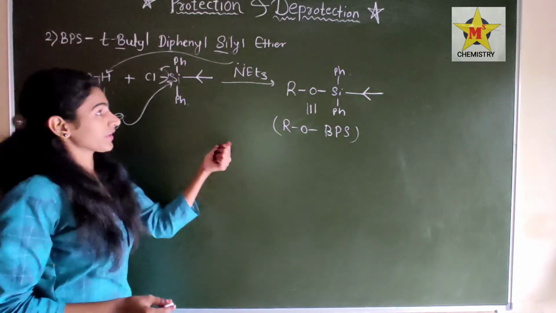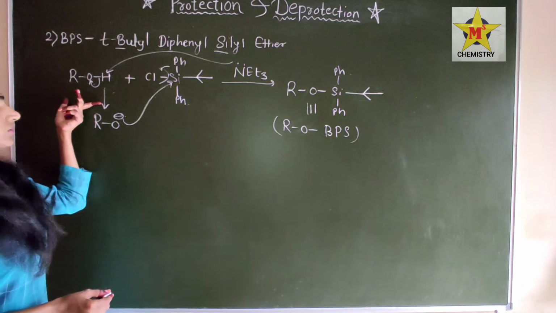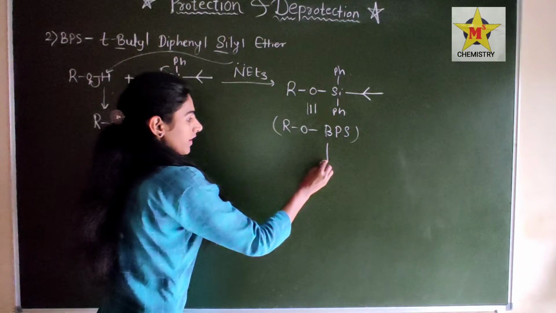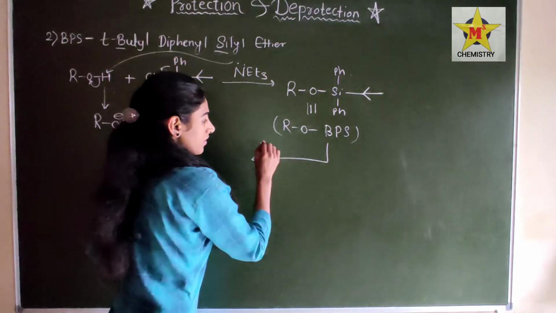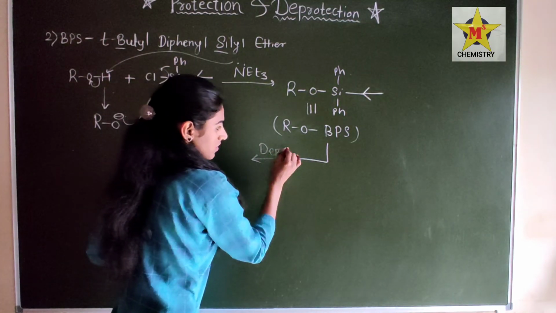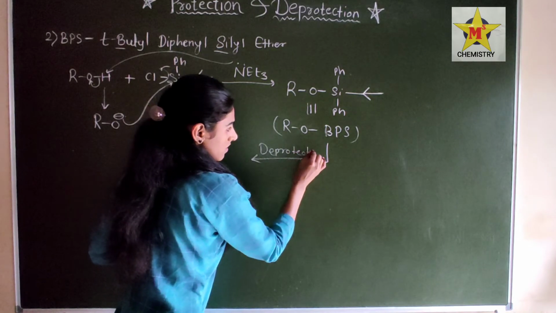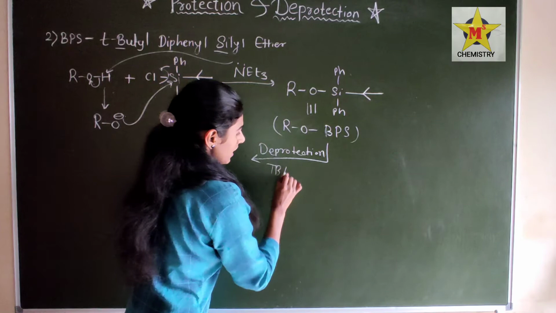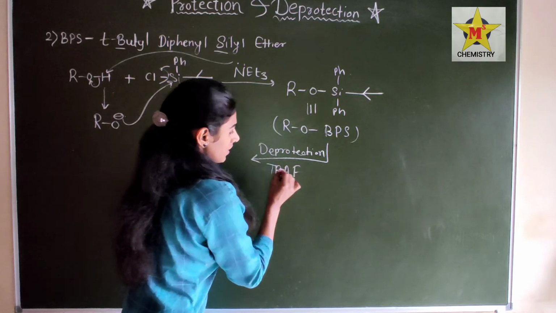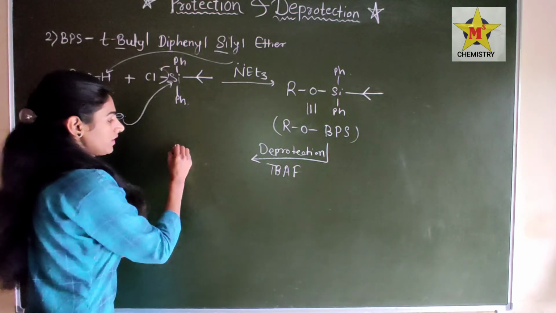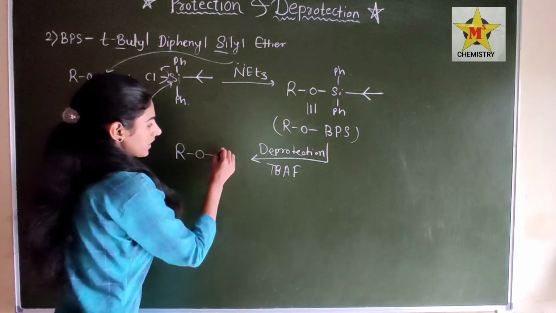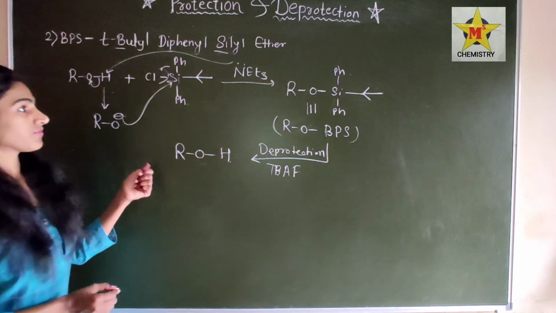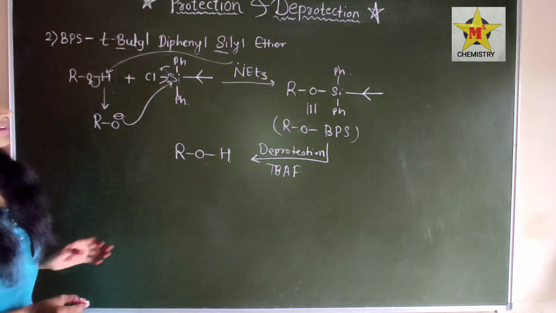In this way we can protect the alcohol functional group by the BPS protecting group. For deprotection of this BPS, we can use TBAF, and again we get the alcohol functional group.